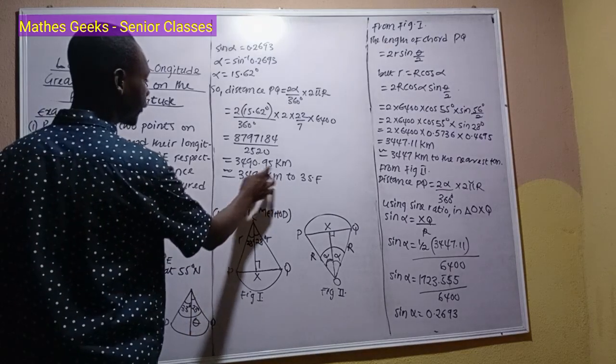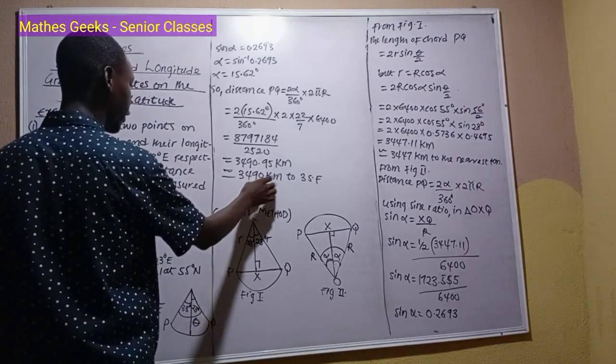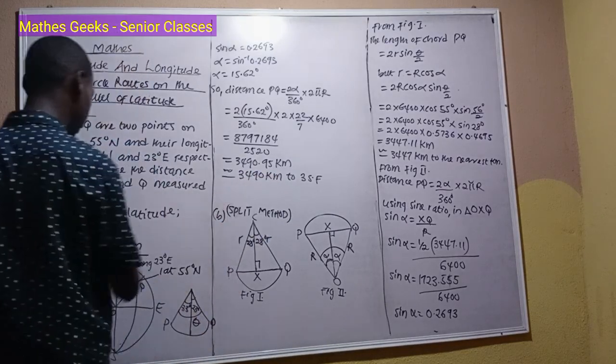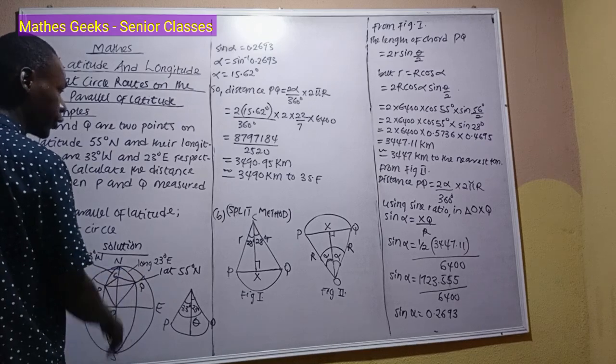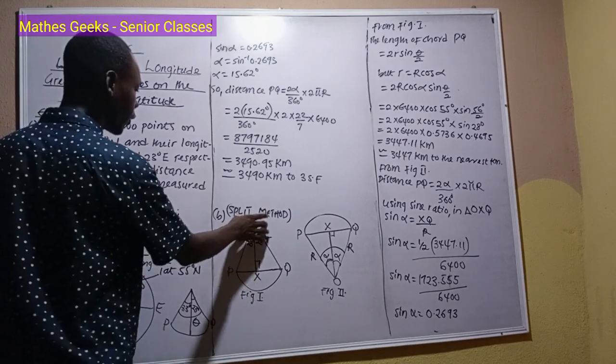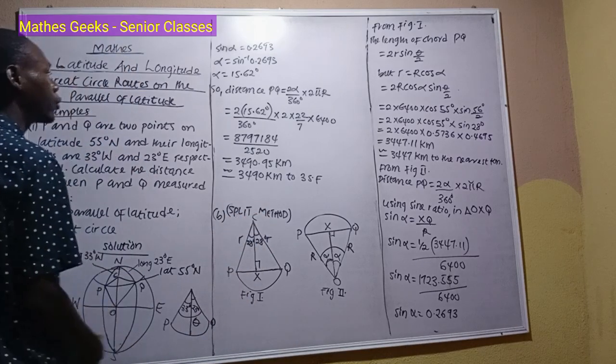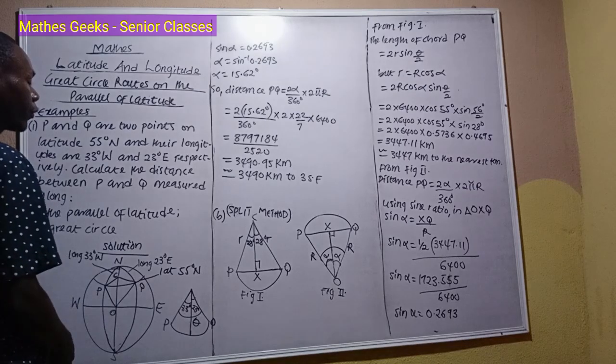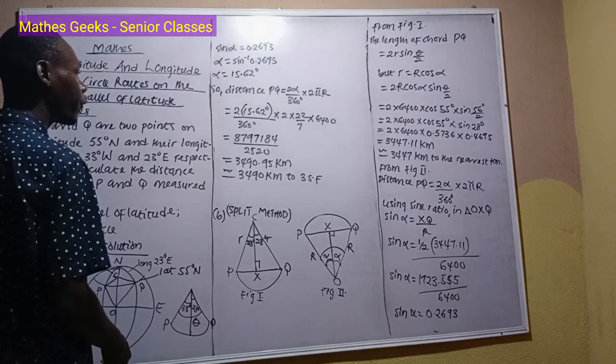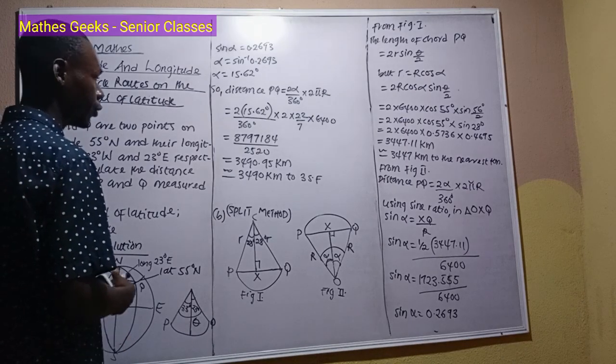The distance 3,490 kilometers represents the distance between P and Q on the great circle. So this formula is called the split method. Now we're going right into the other formula, which is called the direct formula method.